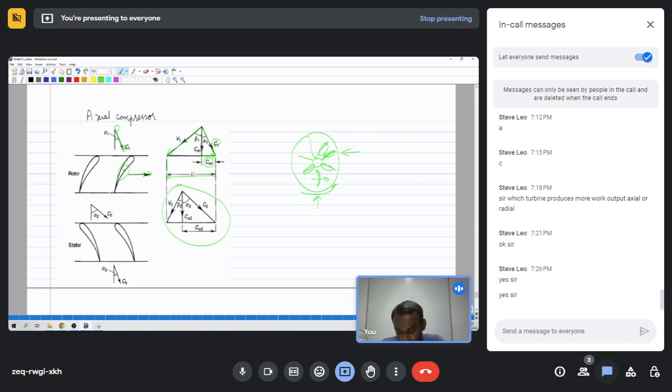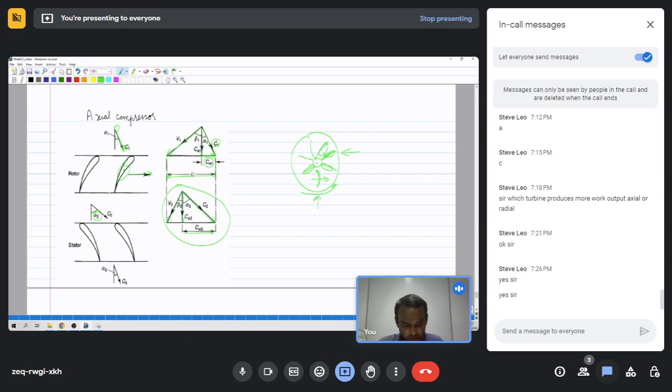So the velocity at the outlet of the rotor is going towards the right, C2, incident at an angle alpha 2 with respect to the axis, and this will have an axial component CA2 and then a whirl component CW2, and from the blade the relative velocity will be V2.